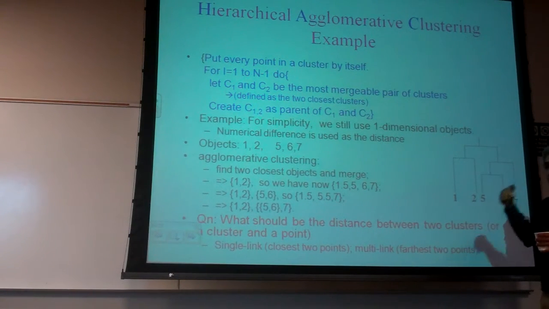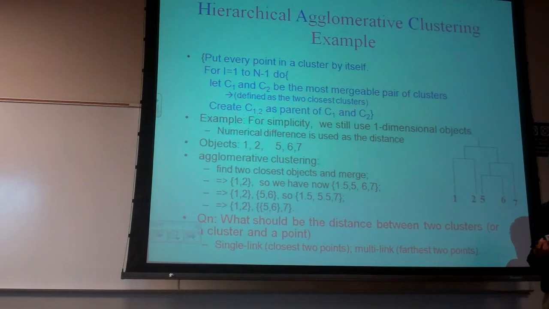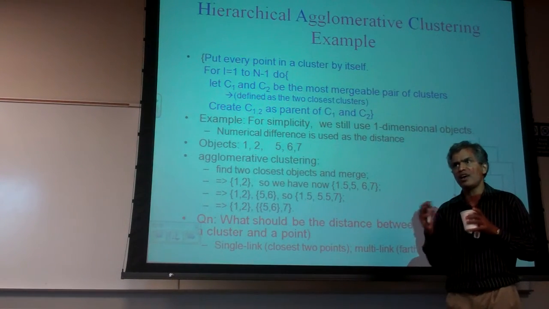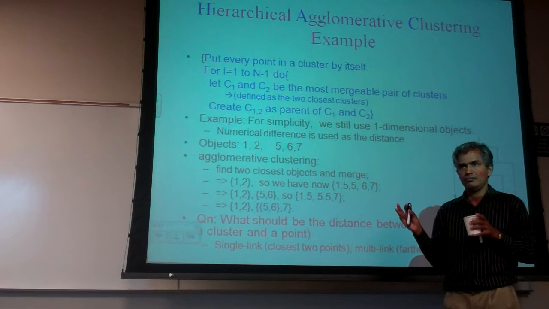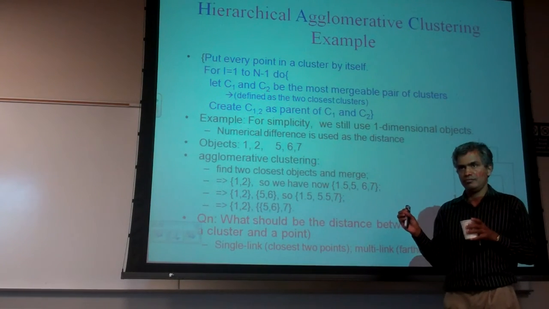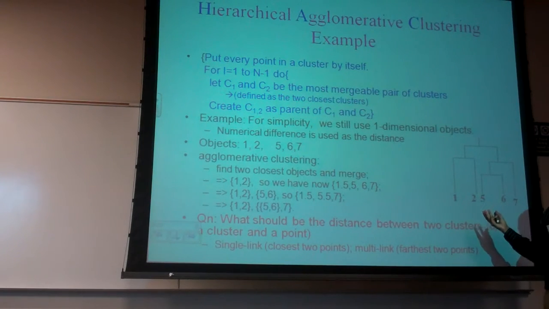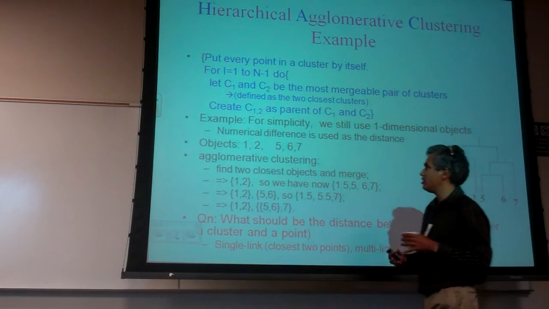Then you compute pairwise distances between all these clusters, pick the pair that has the lowest distance, and say you guys should not be in two clusters, you are one cluster, and you make them into a single cluster. Now you have one cluster less. Do it again.